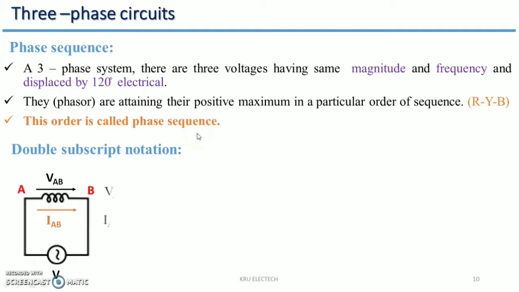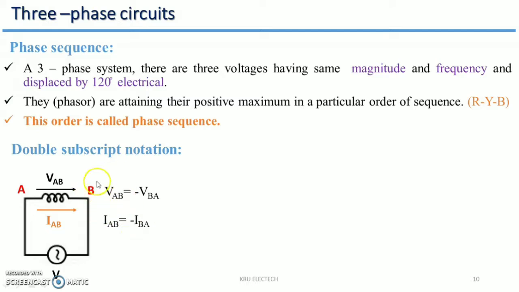Suppose we talk about any circuit or phase, with the voltage across it VAB and the current through it IAB from point A to B. If you want to write it in the reverse direction, then you can write VAB equal to minus VBA, and the same for the current, IAB equal to minus IBA.